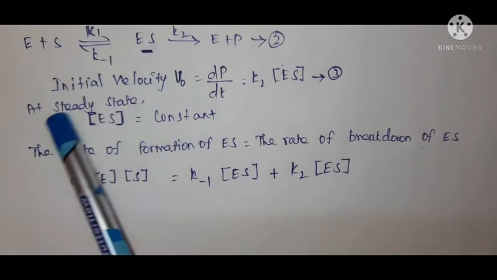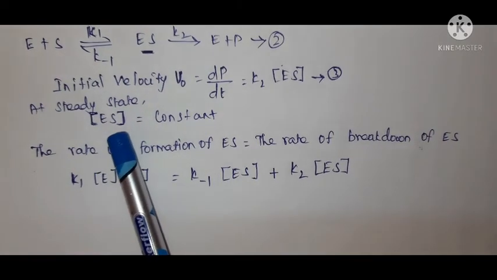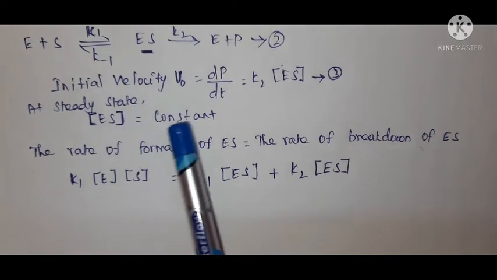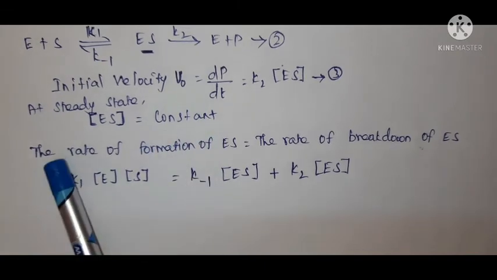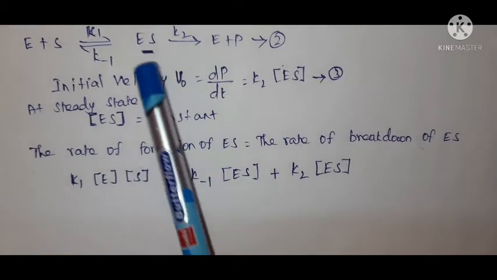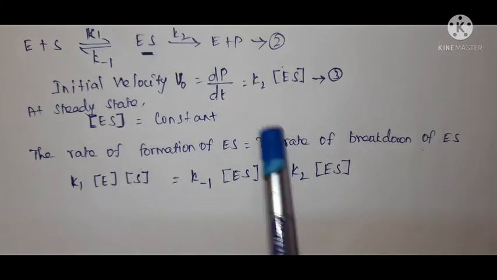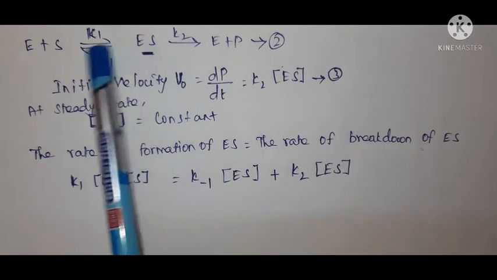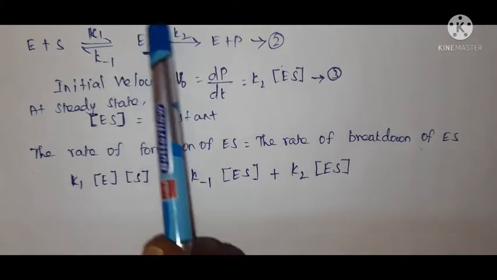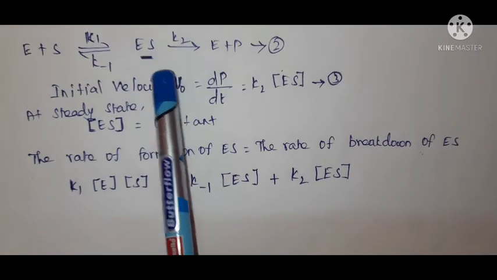So at steady state, the concentration of enzyme substrate complex is constant. That means the rate of formation of the enzyme substrate complex is equal to the rate of breakdown of ES. Here, your enzyme substrate complex is breaking down in two ways.